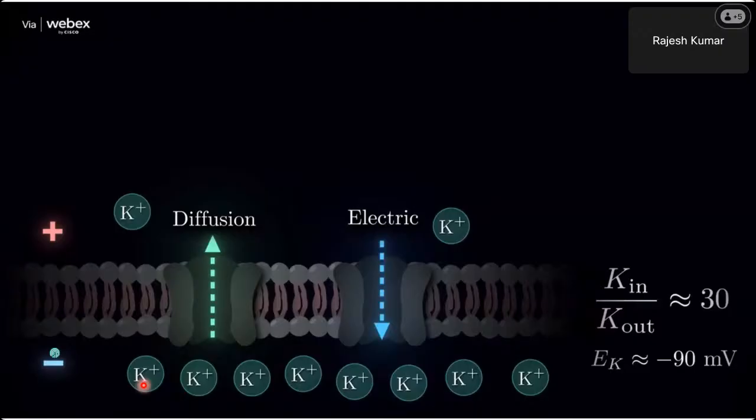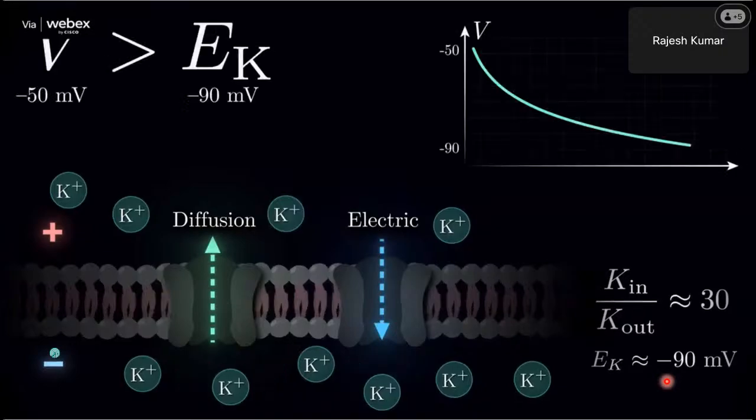Usually, if we talk about potassium ions, this ratio K in to K out is around 30, and it will generate a potential of around 90 millivolts. I told you that in the spike the starting point is a negative voltage, so it is at 90 millivolts, and this is the ratio there.